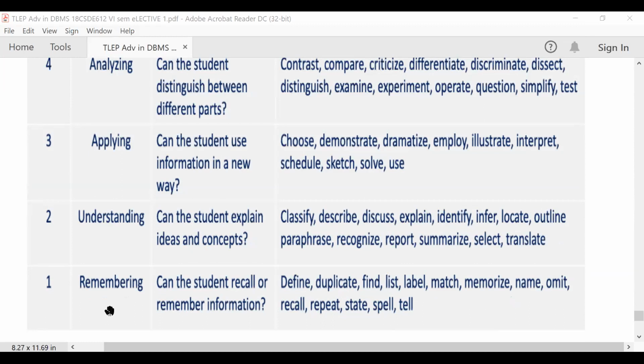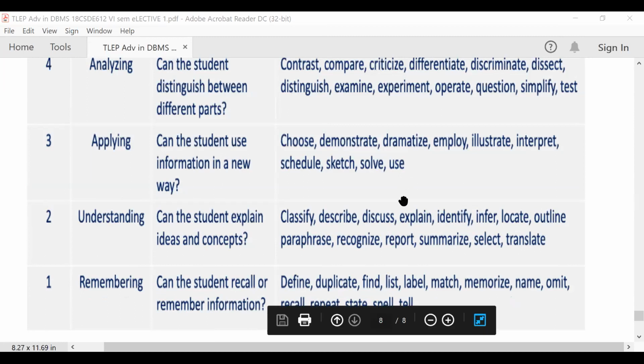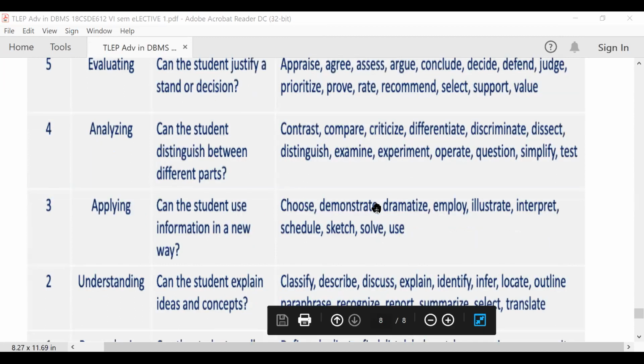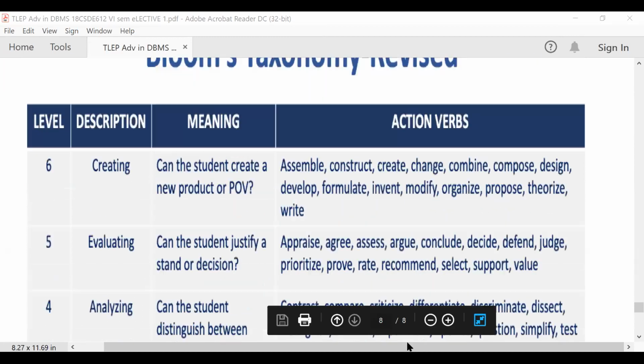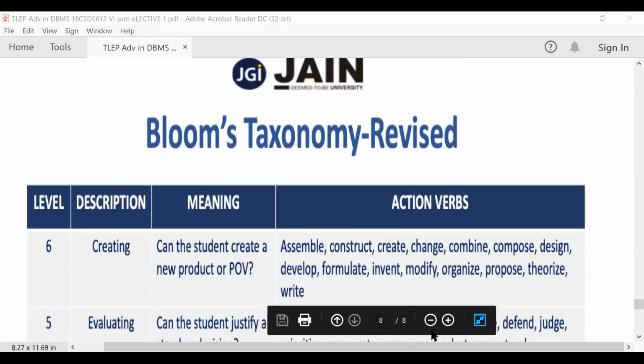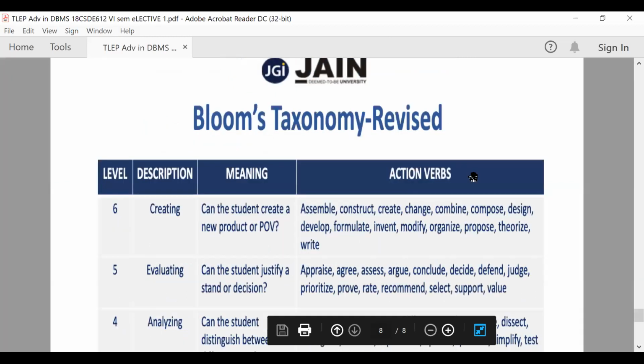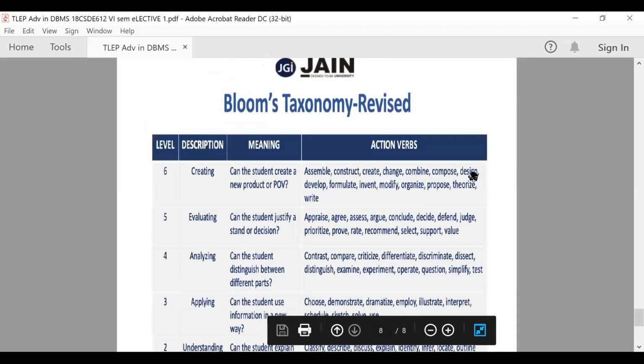So there the Bloom's taxonomy is used to measure and evaluate the standard of teaching. The Bloom's taxonomy is used by the National Board of Accreditation as well as NAAC, National Assessment and Accreditation Council.